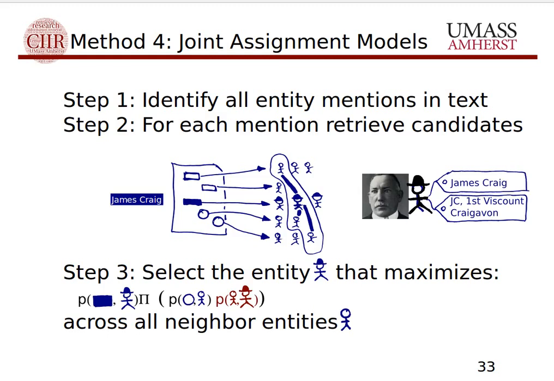It's fairly obvious that this may get a little bit expensive if we have many mentions in the text, and for some of these mentions we have high ambiguity, which means that we get a really, really large pool of entities.